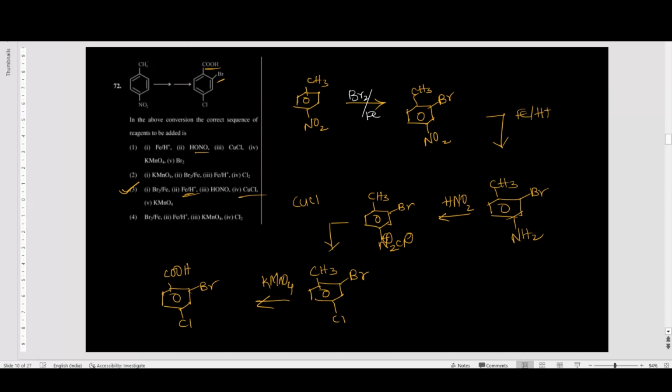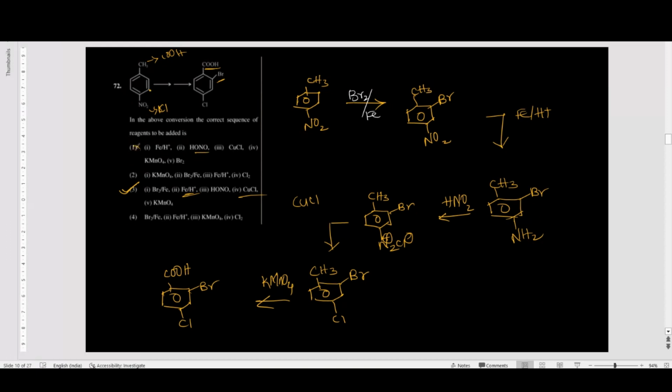But in this case this will become COOH, and this will become the chloro group, right? As we know, COOH is an electron withdrawing group. This favors meta substitution, and this chlorine is an electron withdrawing group, but it is an ortho and para directing group. So we'll get bromine over here.